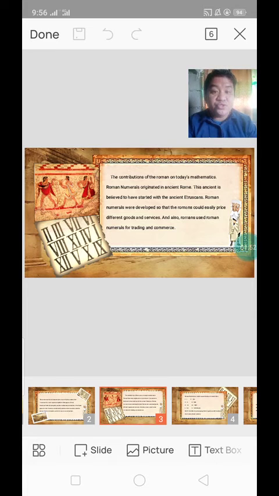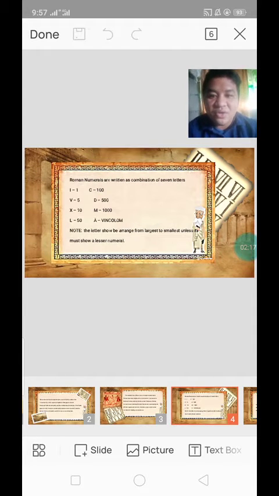We have the contribution of the Romans in our mathematics, which is the Roman numerals. Until now, we use it especially in elementary school. We have 7 letters that can be used for the Roman numerals.